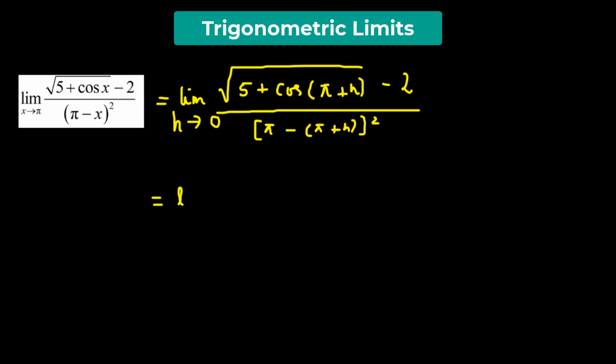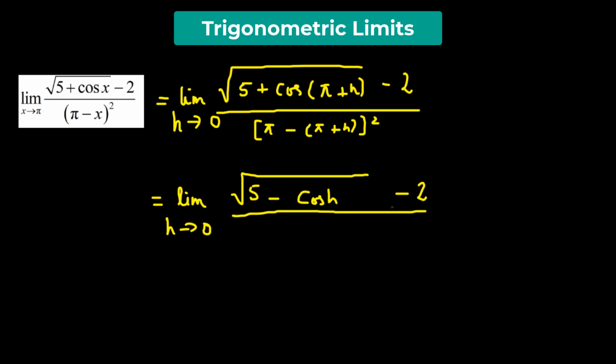The cosine of pi plus h is in the third quadrant where only the tangent function is positive, everything else is negative, so we'll get negative cosine of h minus 2 divided by, so the pi and pi get cancelled, leaving us with negative h whole squared.